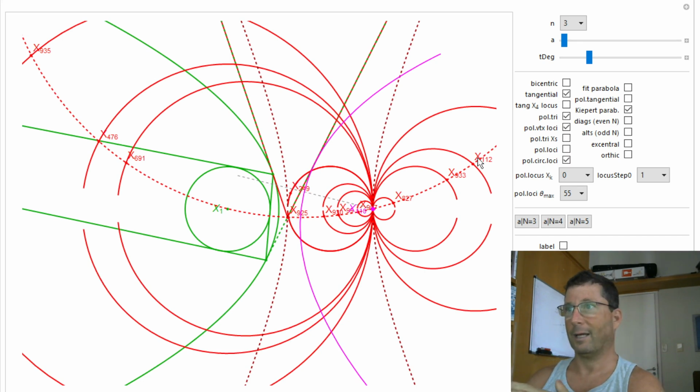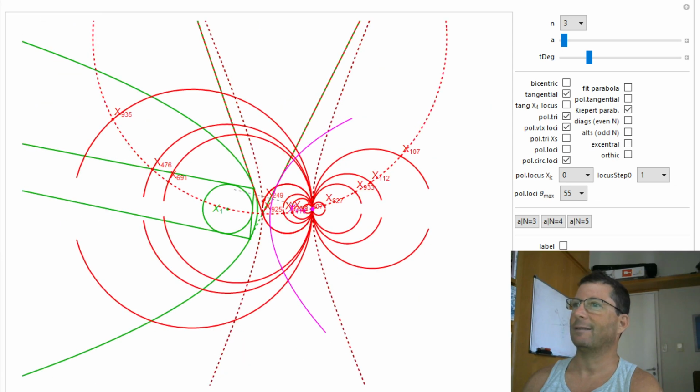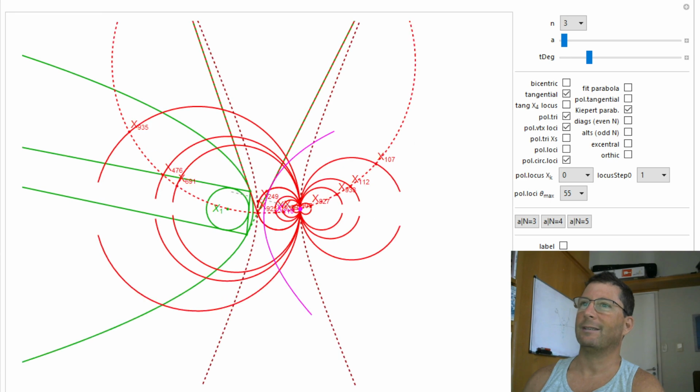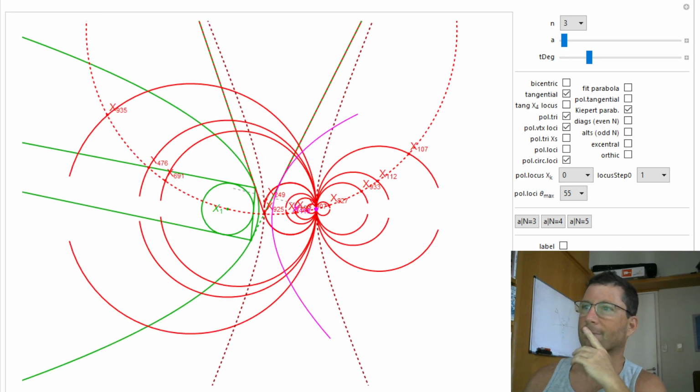Okay? Let's actually scale this out. Can you see what's going on here? Many of these points, and I'm not sure if all of them, it doesn't look like all of them, there's one here that is not the case, X249.